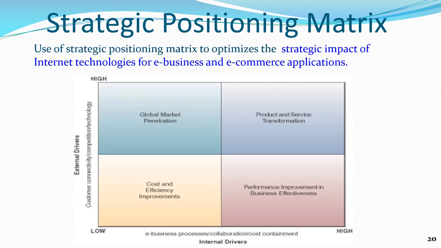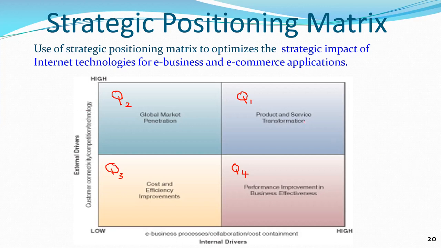Here we name the quadrants: we can put this as Q1, this as Q2, this as Q3, and this as Q4.